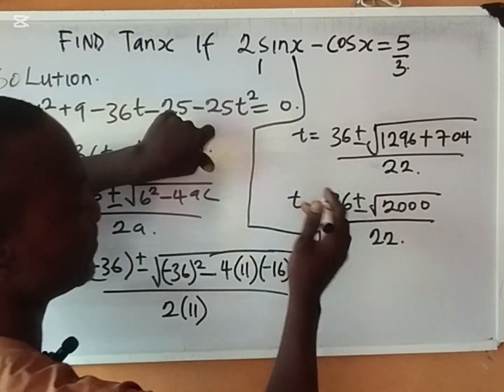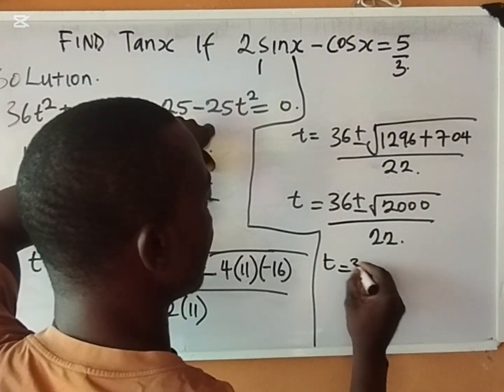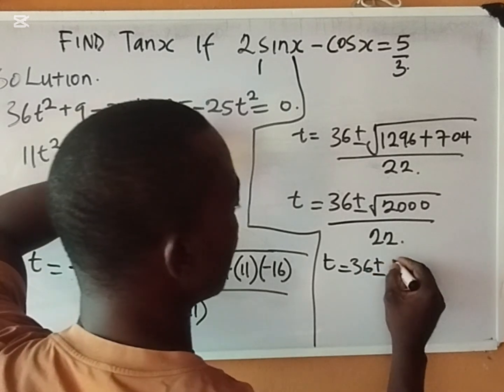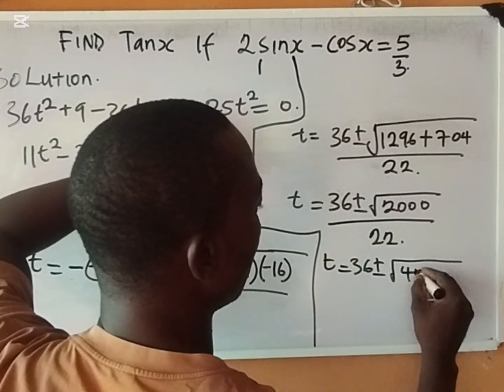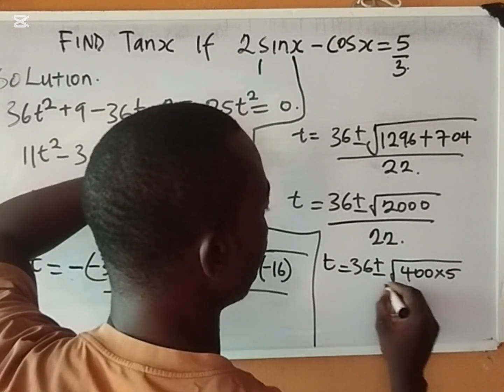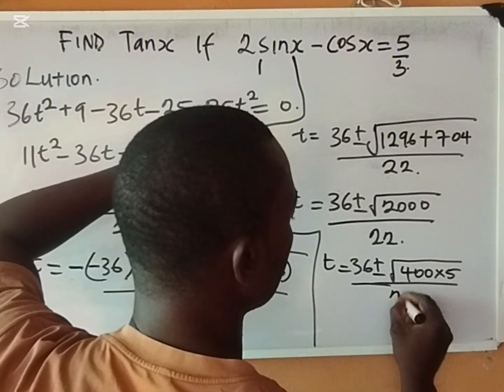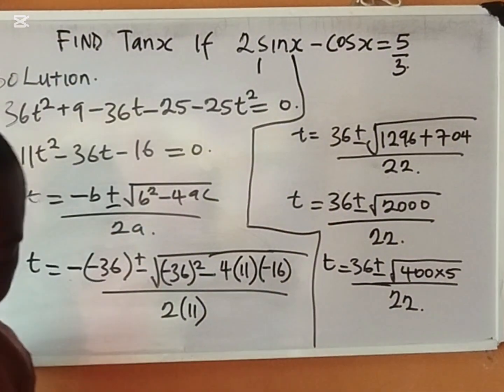We can simplify this further by having t to be equal to 36 plus or minus root of 400 times 5 divided by 22.